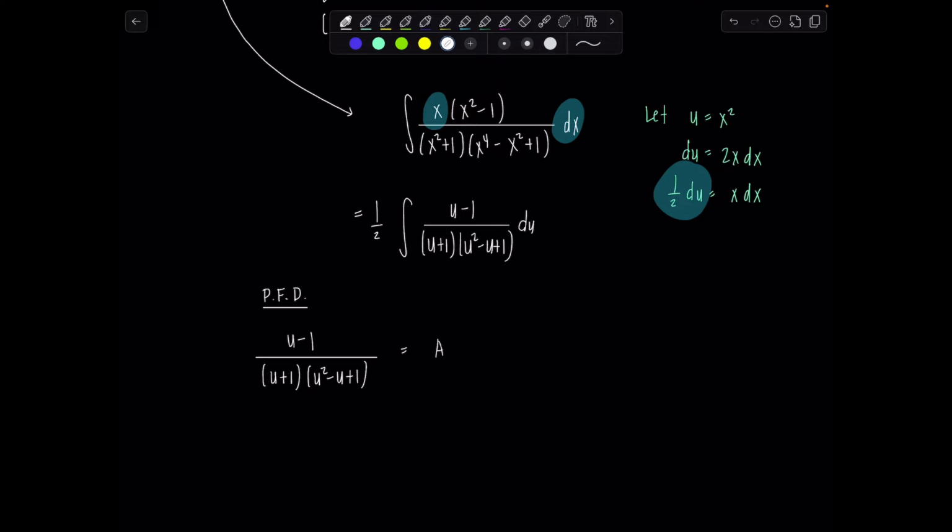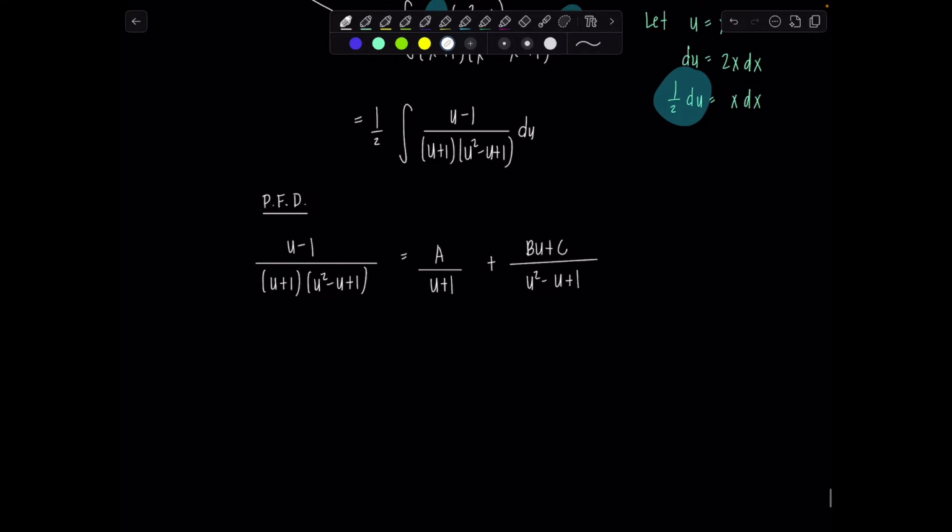So we'll just have a constant A over this linear factor, u plus 1. And then anytime you have an irreducible quadratic, u squared minus u plus 1, we need Bu plus C up top. Very nice.